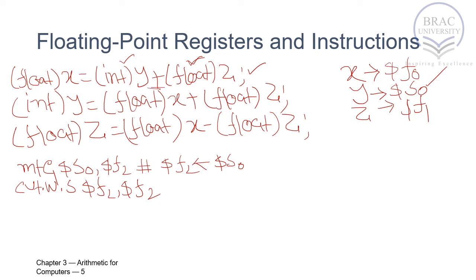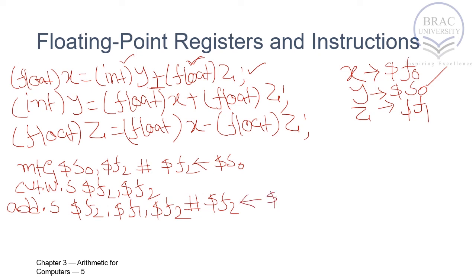So we perform add.s, and we are using F2 again as destination and F1 and then F2. So in this line F2 stores the value of F1 plus F2, all of them in the floating point domain.